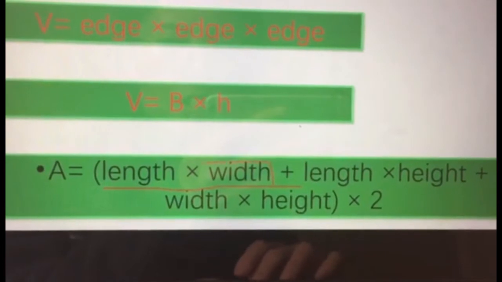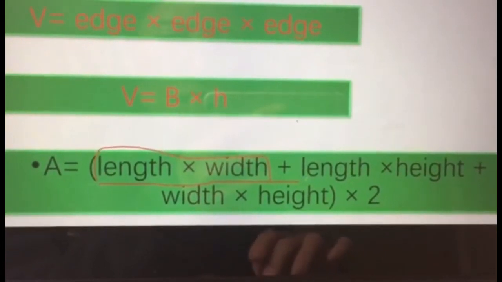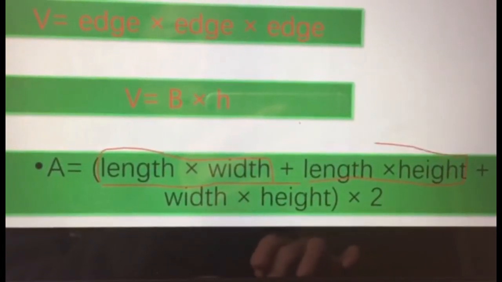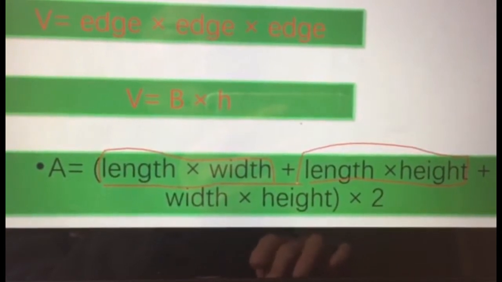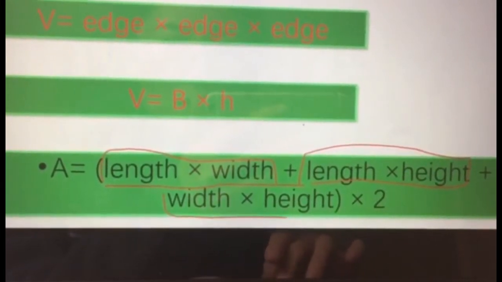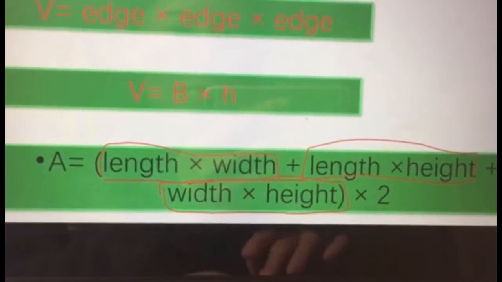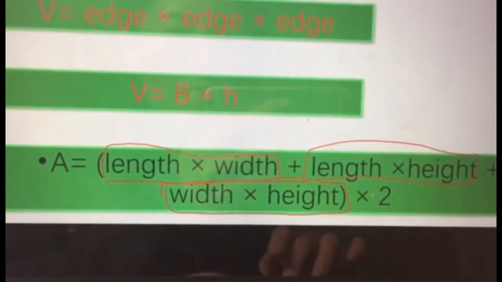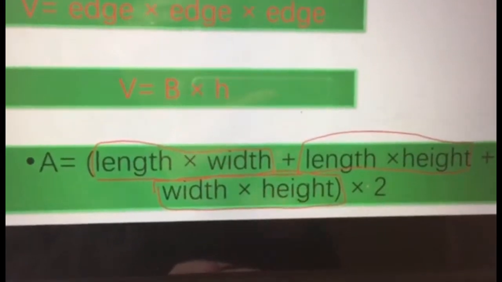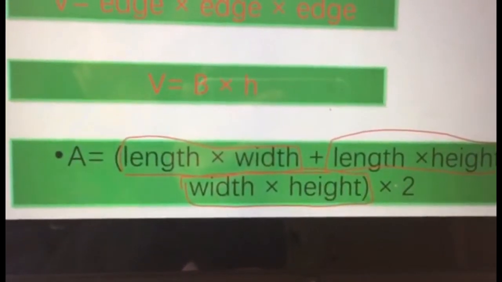These are each of the 3, because we know that there are 3 pairs of congruent rectangles in each prism. So these are one of each 3 congruent pairs. Then you add them up together and times 2, and you get the surface area.